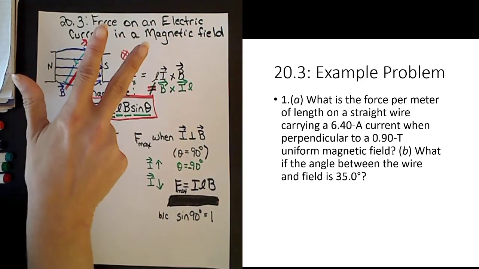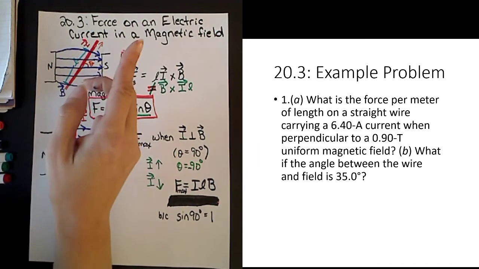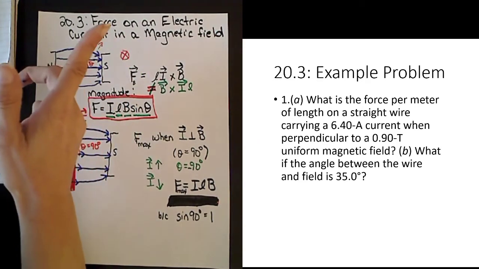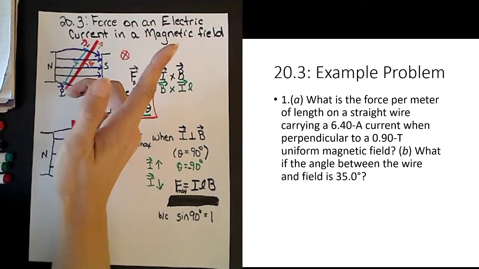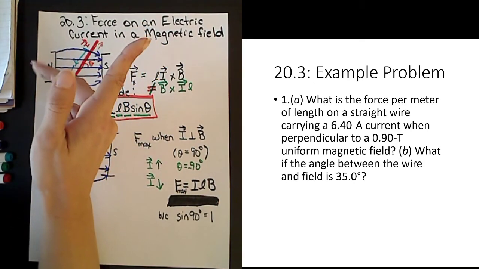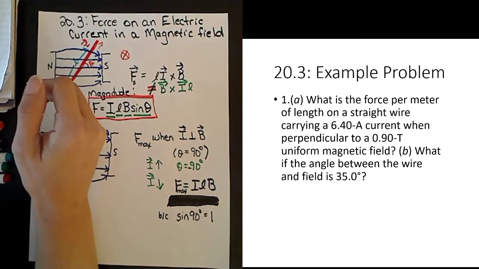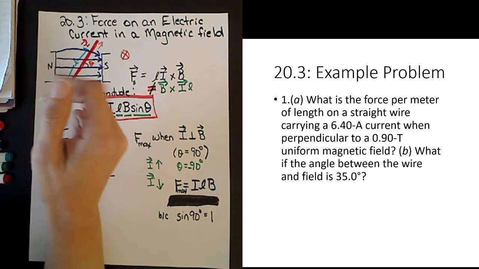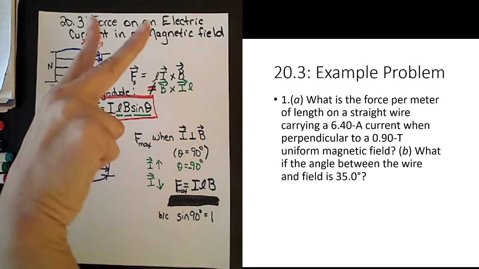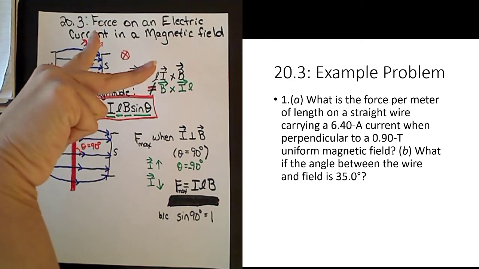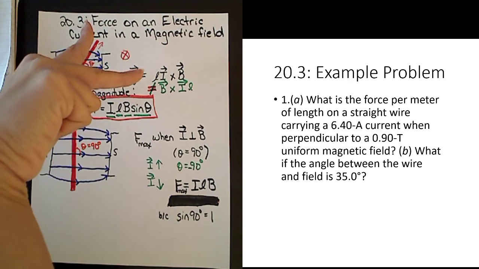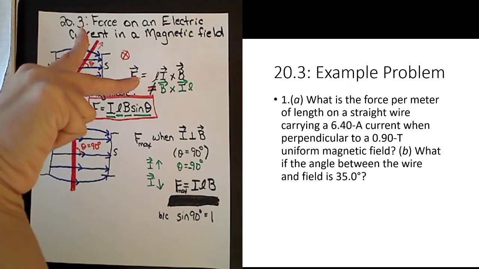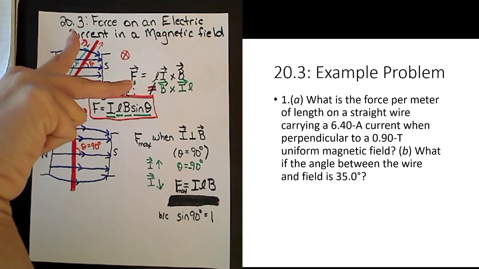So in order to do this, if we go by this diagram and say our current is going in this direction, okay? And our magnetic field is going to the right. So in order to be able to do that, I point my first finger in the direction of the current, my middle finger in the direction of the magnetic field.